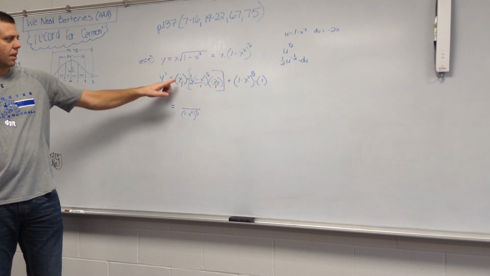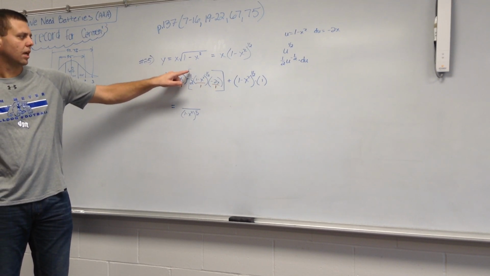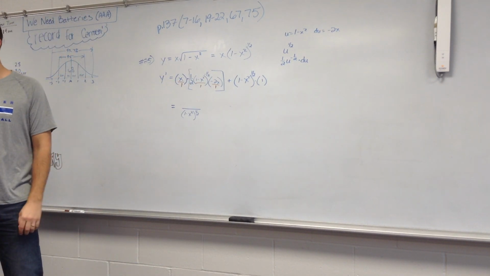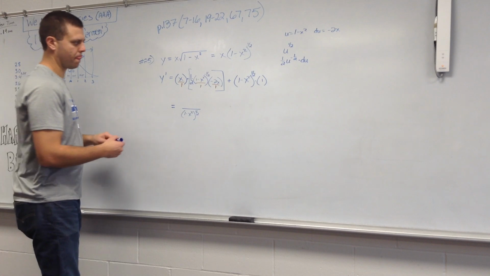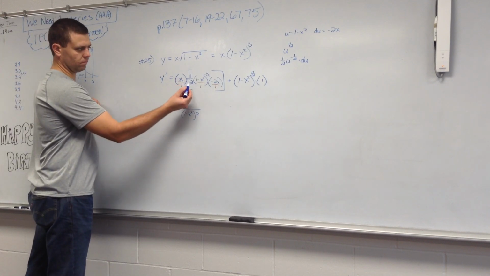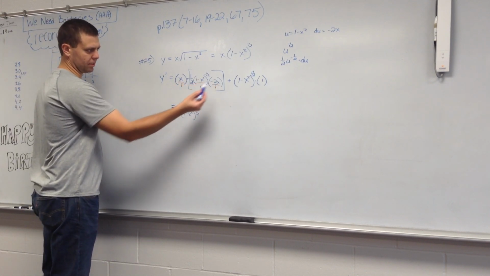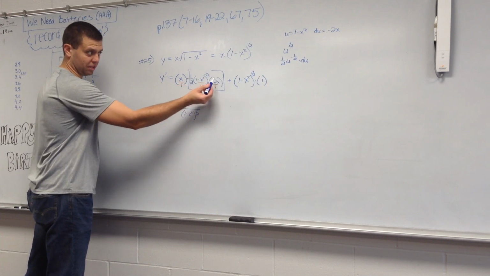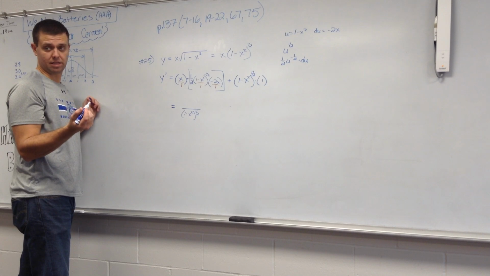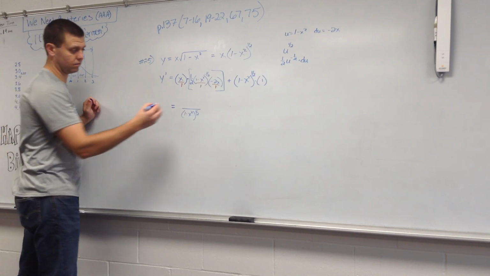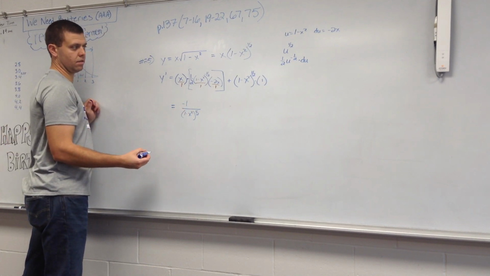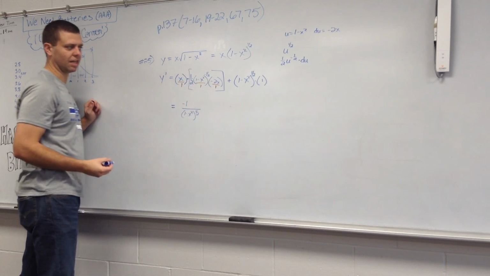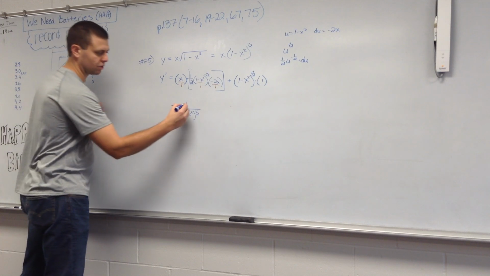Well, what's left? x times 1/2 times negative 2x. The half times the negative 2 gives me negative 1. You still have x times x, so x squared.